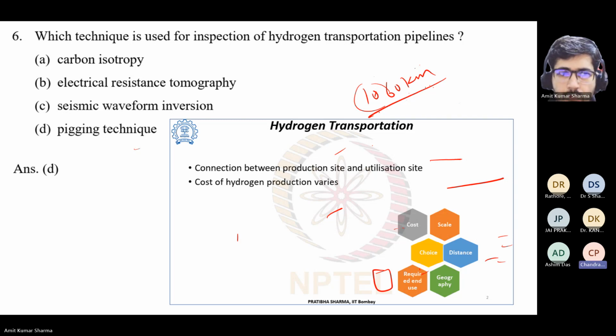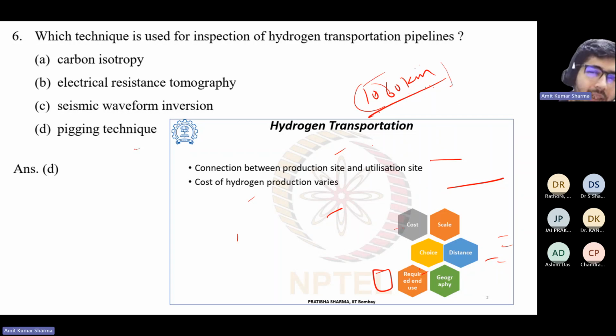At what depth would these pipelines be? For example, if you are coming through Gujarat, the surface temperature looks pretty high. I don't know the depth. The temperature will not affect that much, because it's in a pipeline.